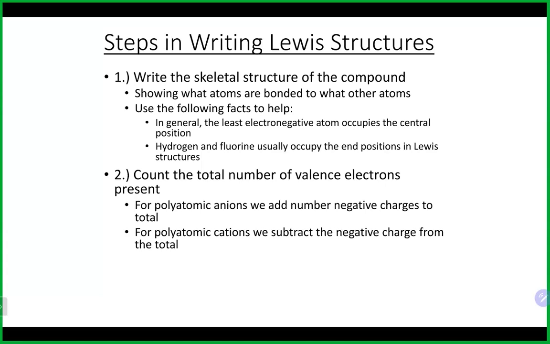I would say for you guys in this class, in a lot of cases, there usually will be just one atom in the center and everybody else is attached to it. That's not always the case. It is possible to have multiple center atoms and multiple things attached, but most of the things that you'll come across, until we get to maybe some organic molecules, will have one atom in the middle and everything else attached to it.